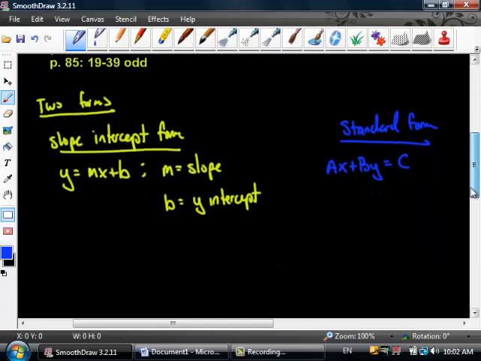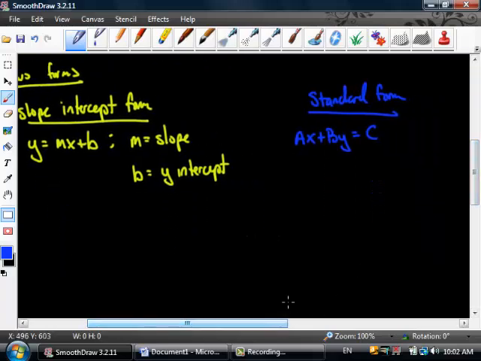And there are a couple of rules that standard form needs to follow, one of which is that a, b, and c are all integers, meaning they can't be fractions. So you can't have 1/2 a plus 3/4 b equals 7/9. Can't do that. So you will need to get rid of the denominator somehow, and I'll show you guys how to do that.